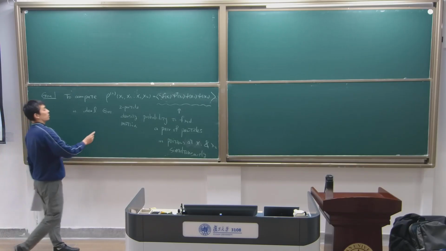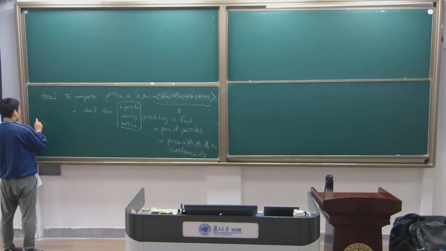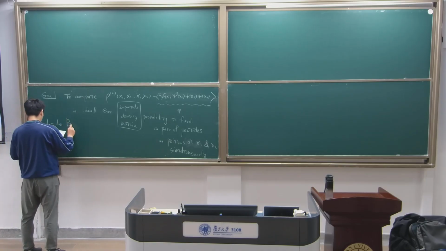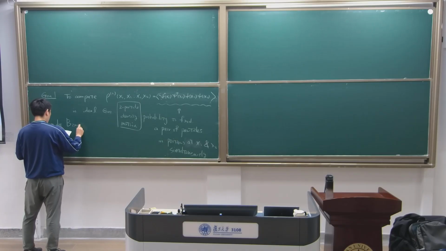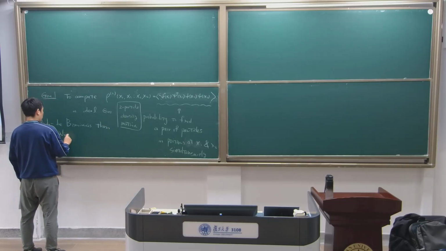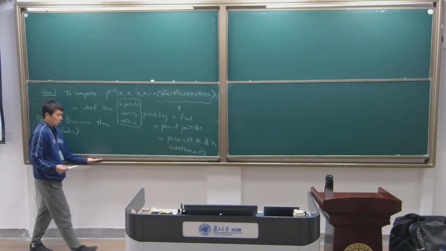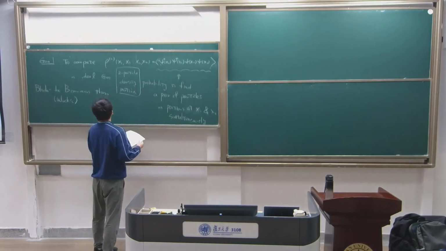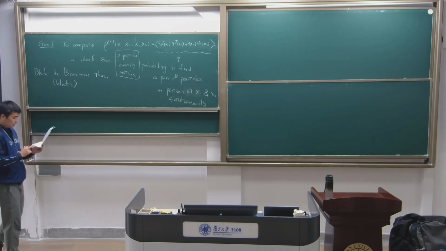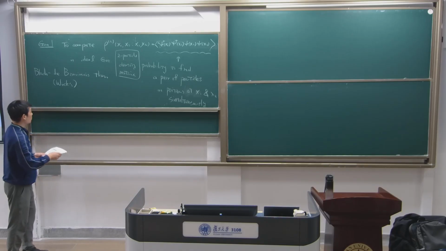To compute this quantity, we somehow use the so-called statistical model. To derive this, we'll work in the grand canonical ensemble or something more.